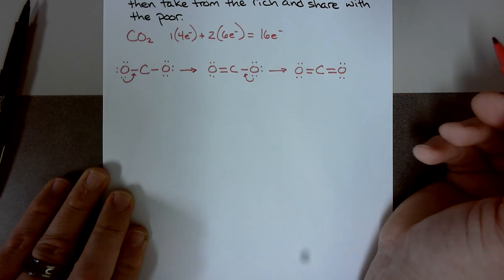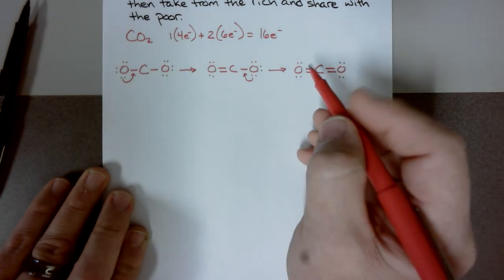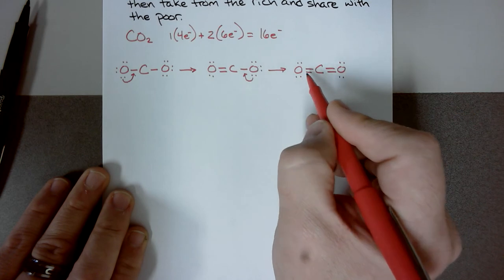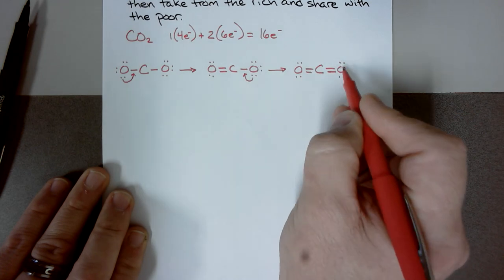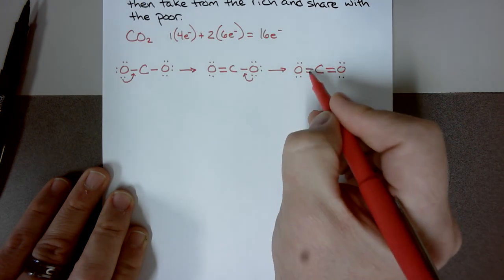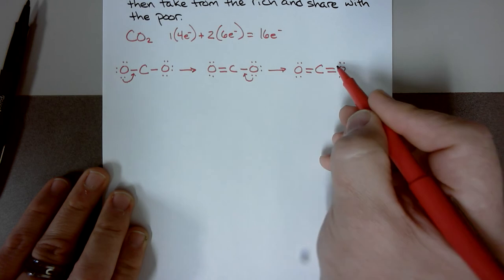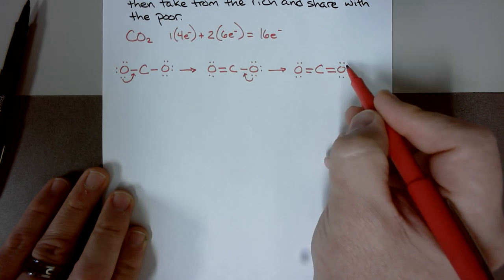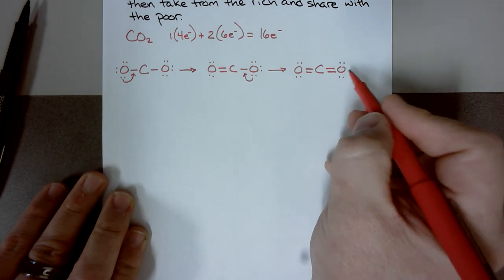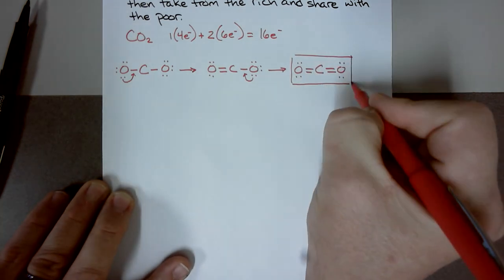Now let's check and see if I've used all 16 and that all octets are filled. So 2, 4, 6, 8, 10, 12, 14, 16. Then 2, 4, 6, 8 for the oxygen, 2, 4, 6, 8 for the carbon, and then 2, 4, 6, 8 for this oxygen. So this is the structure for carbon dioxide.